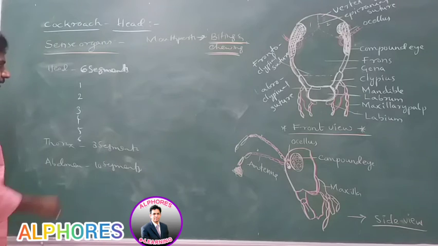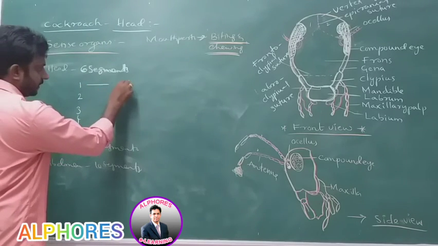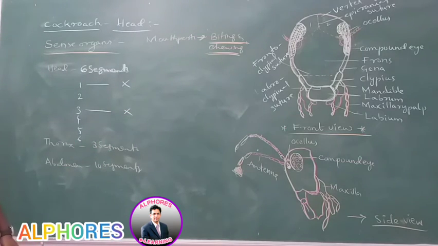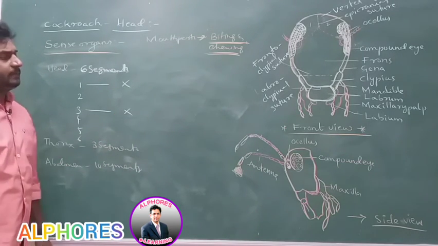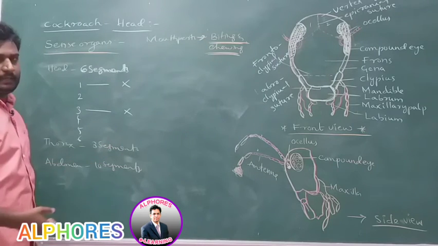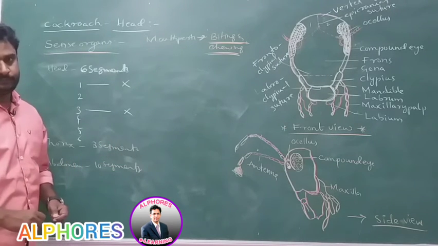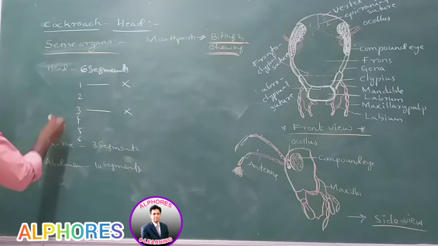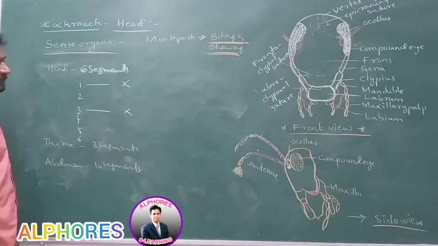In these 6 segments, the first segment and third segment are without any appendages. Appendages like mandibles, maxillae, and antennae are all called appendages. The maxillary palps are also appendages. These appendages are not present in the first segment and third segment.